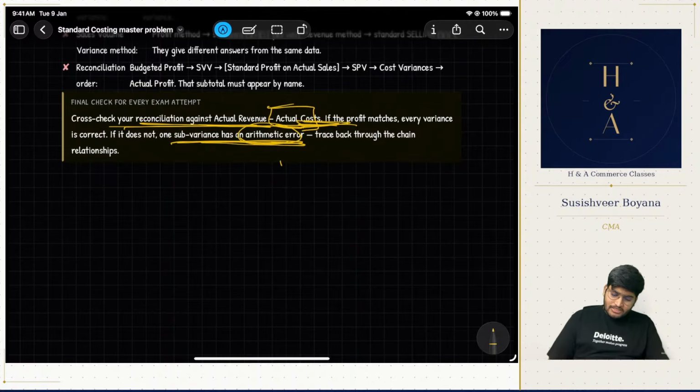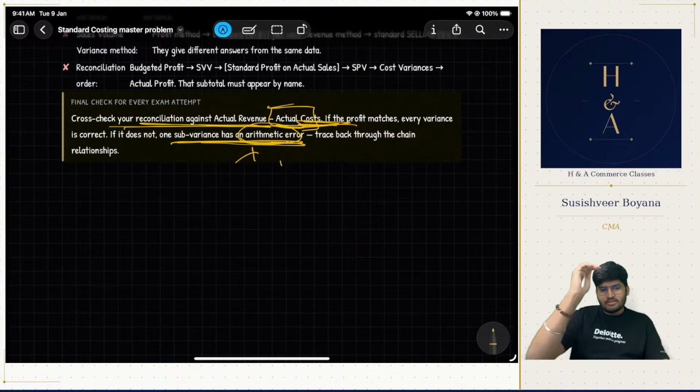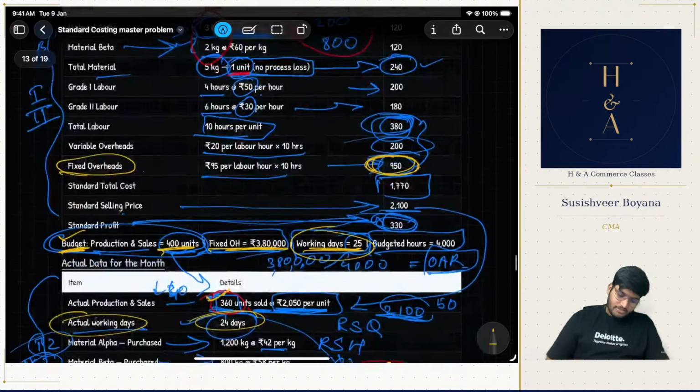To identify these, under the head of variance, that is material, labor, variable overheads, fixed overheads or sales variance, you already know the sublinkage. So you can cross verify based on that, as the overall totals. Don't just start again multiplying and subtracting all the numbers. First do the preliminary verification between the subheadings. If you find a discrepancy, then you dwell into the actual calculations for the individual variance that you've done, right?